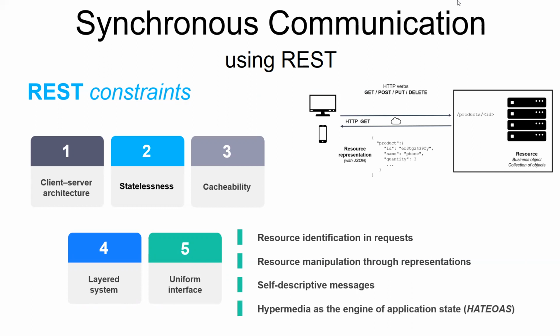And the fourth is the hypermedia as the engine of application state, also known as HATEOAS. Each of these constraints affects many architectural properties of the system and its components, such as the performance, the scalability, the visibility, the portability, the reliability, and many others. So don't forget, you can find more information about REST in the links I shared in the video description.